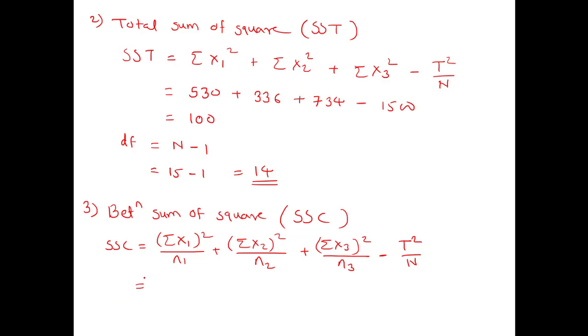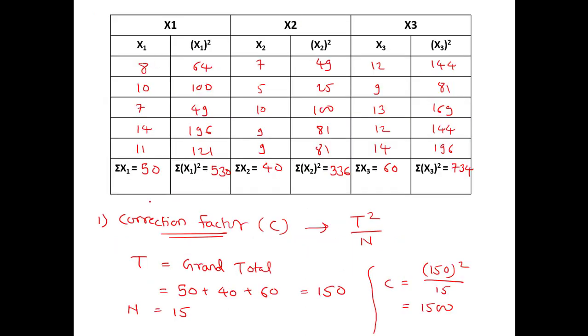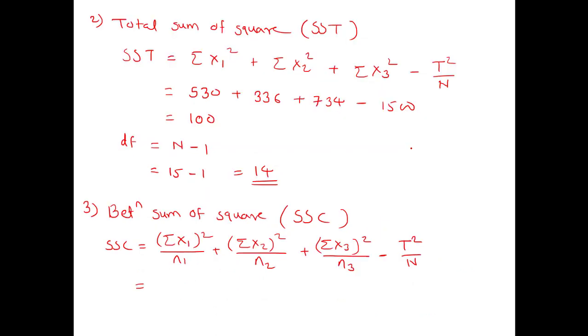So let's put the value. This x1 square, x2 square and x3 square means 50 square plus 40 square plus 60 square, and here n1, n2 and n3 are same, which is 5.